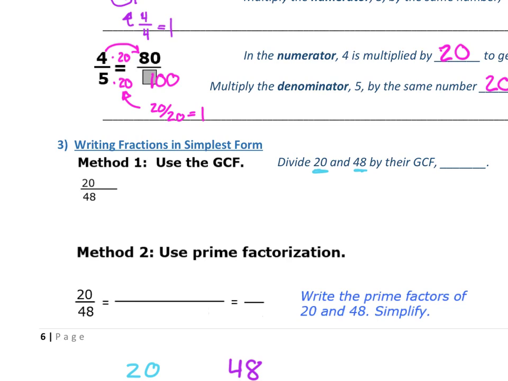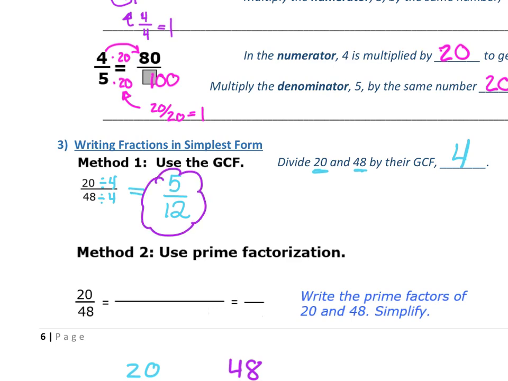And I know that the GCF for those two numbers is 4. That's the biggest number that will divide evenly into both. So to show this method, I'm going to divide both of these parts of the fraction, both the numerator and denominator, by 4 to rename the fraction. So 20 divided by 4 gives me 5 for my numerator, and 48 divided by 4 gives me 12 for my denominator.